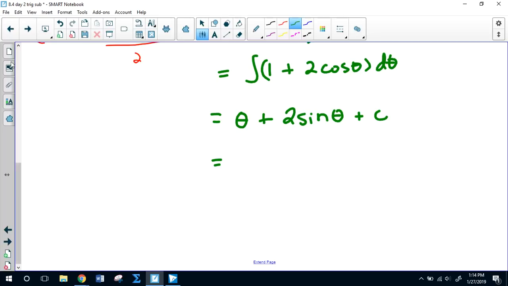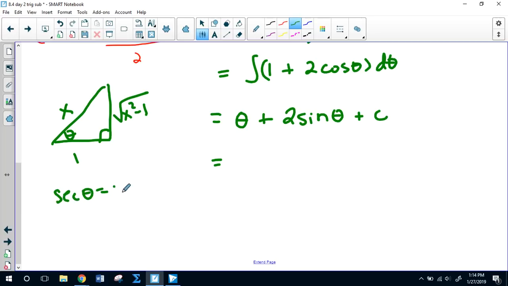Okay, well, I need to remember what my triangle looks like. I'll draw a quick another sketch over here so I don't have to scroll up. So this was x, 1, square root of x squared minus 1, theta here. So theta itself, we want to rewrite it as something in terms of x. So I'm going to go back to my original setup, which said secant of theta equals x.